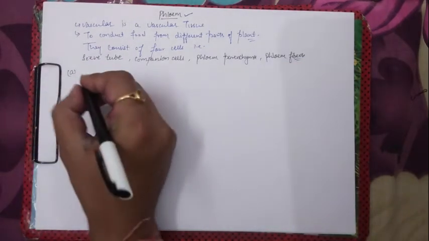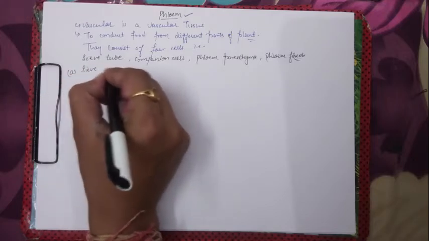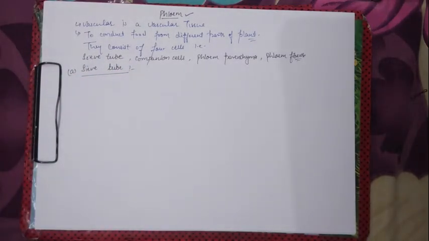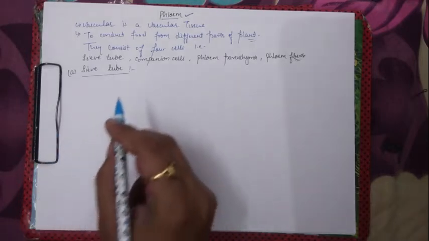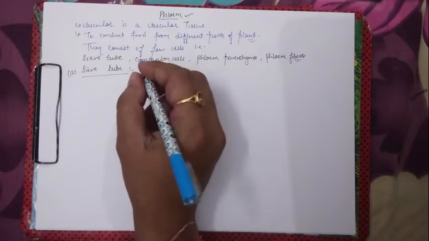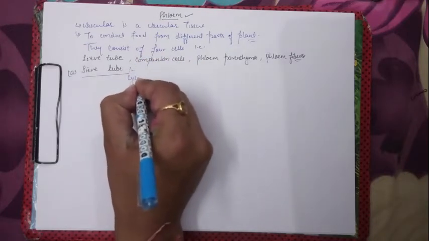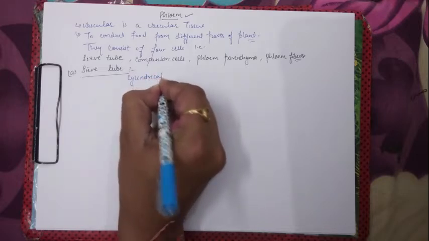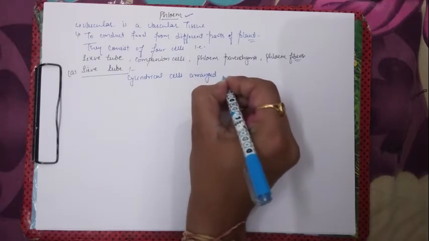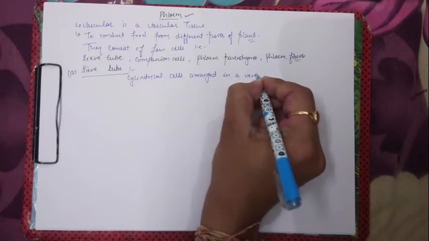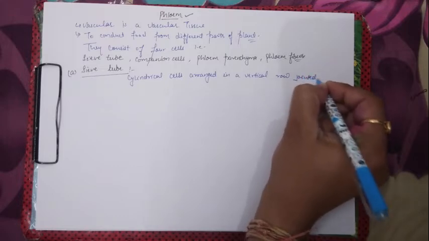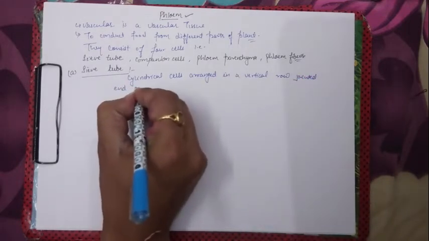So we mark it as A, sieve tube. Sieve tubes actually have cylindrical cells arranged in a vertical row, joined end to end.